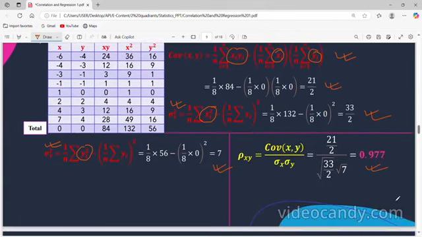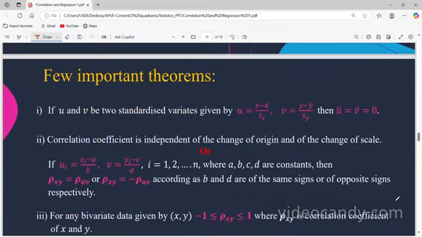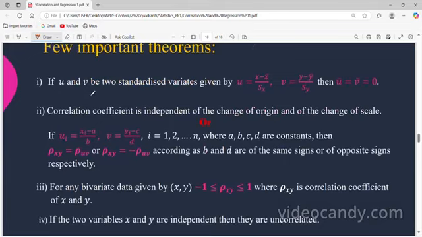Next, a few important theorems we have. So first is, if u and v are two standardized variates given by u equal to x minus x bar by sx and v equal to y minus y bar by sy, then u bar equal to v bar equal to 0. Number 2 is, correlation coefficient is independent of the change of origin and change of scale.